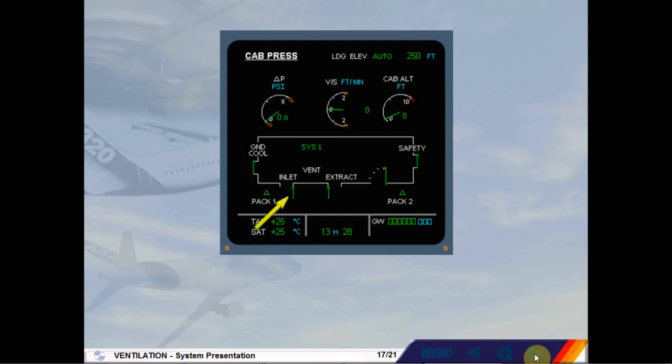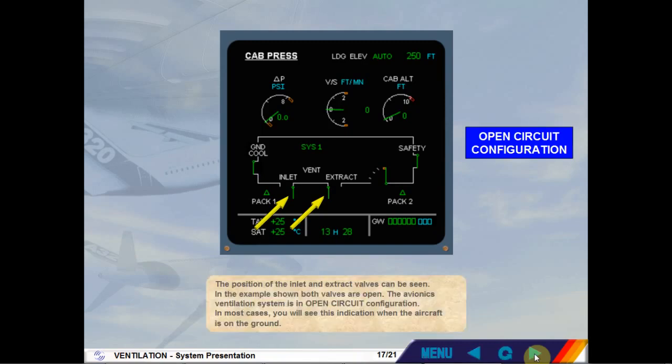The position of the inlet and extract valves can be seen. In the example shown, both valves are open. The avionics ventilation system is in open circuit configuration. In most cases, you will see this indication when the aircraft is on the ground.